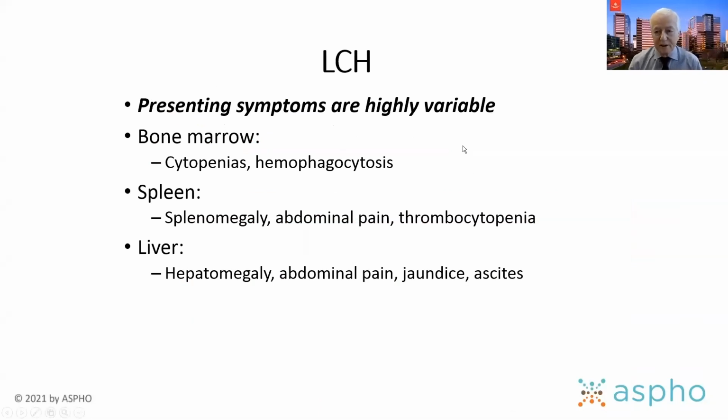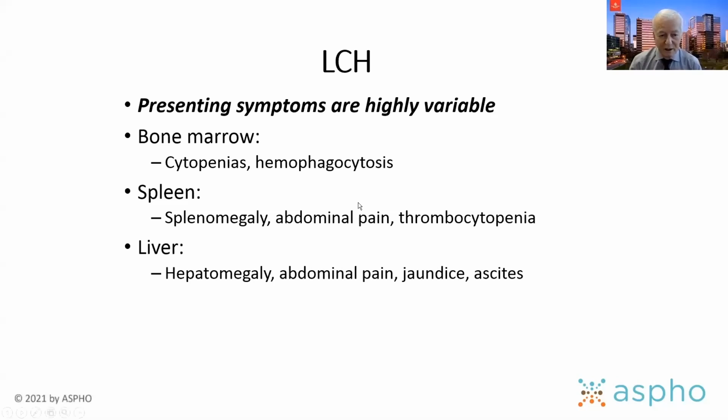Presentation of these patients is highly variable, obviously, depending upon which organ systems are involved. For the high-risk patients, they present with cytopenias, and they can have a macrophage activation syndrome, which is not really HLH, but is just a macrophage proliferation because of the cytokine milieu of the LCH abnormalities.